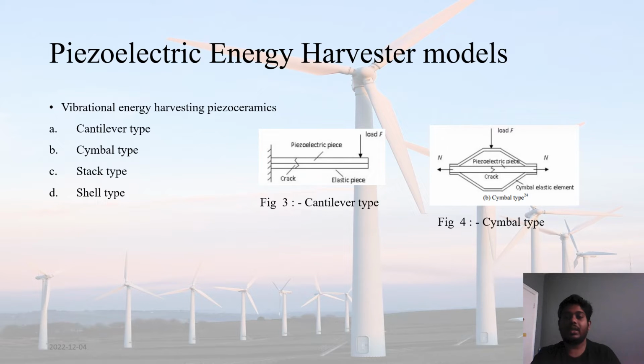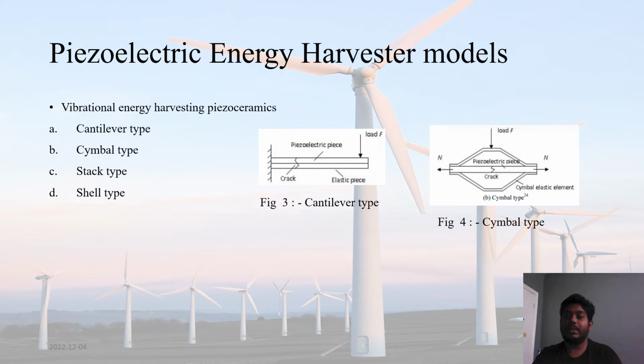In the cantilever type of piezoceramic, the load or the force is applied perpendicular to the surface of the piezoelectric material, thus creating a force which bends the piezoelectric material, which is supported by an elastic piece so that the piezoceramic does not break. Such a principle is followed in the cantilever type of energy harvesting piezoceramic.